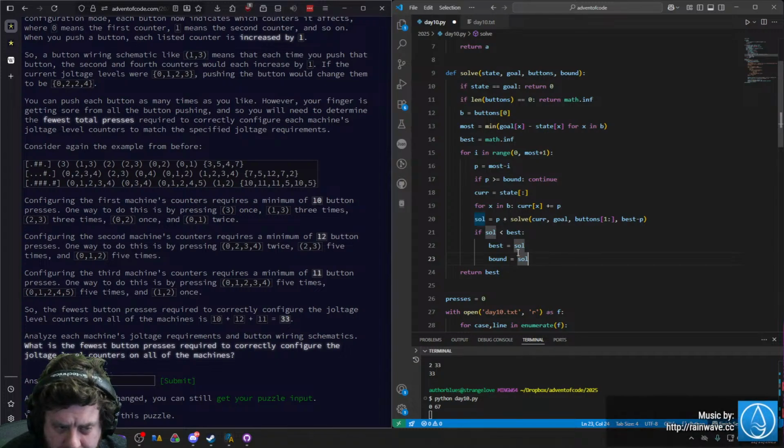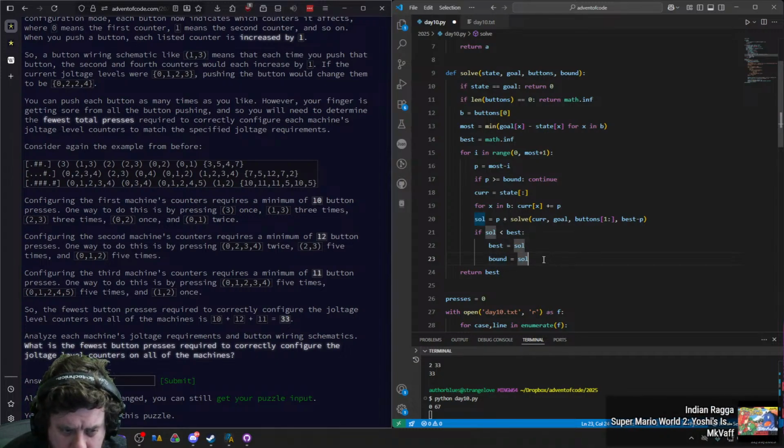This is not right. This is not an improvement, and I'm trying to figure out what I'm doing wrong. So this is me saying, hey, if you can't solve this problem in this number of moves, I don't care, because it's not going to improve my solution.